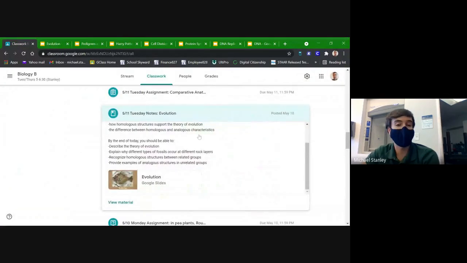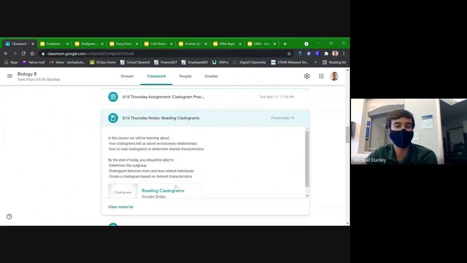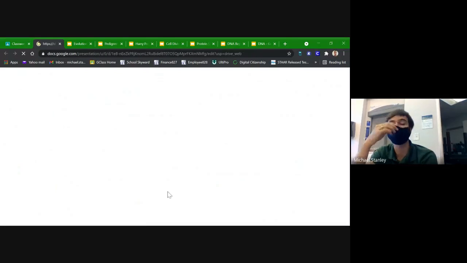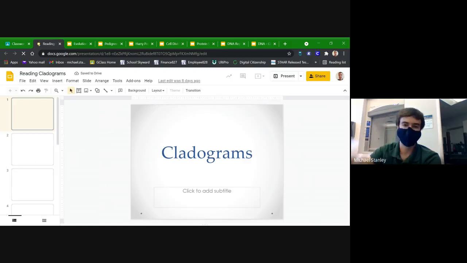So if we want to show how structures have evolved over time and how we can group animals and plants based on their structures, we can use something called a cladogram.